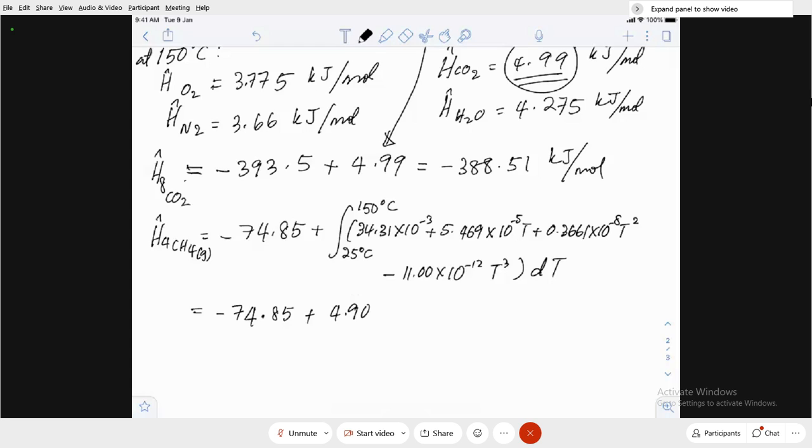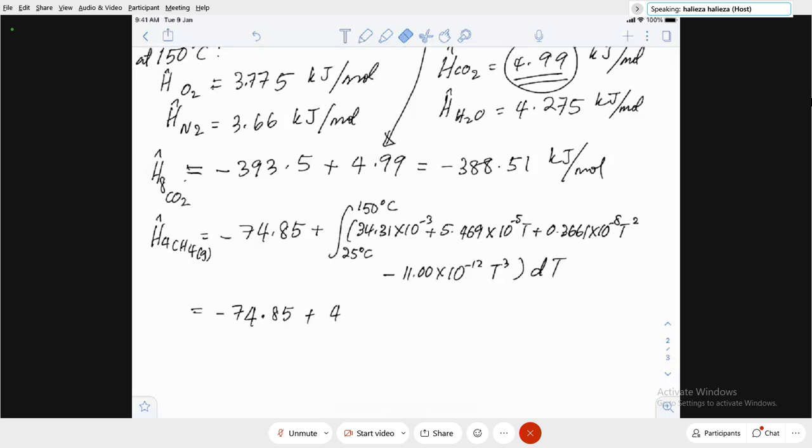Is it 4.90? Somebody? 34.31 minus 3. Hold on. Forgot the integration. How are you guys doing the integration? I'm not waiting for somebody to get the answer. I got 4.889. Okay, thank you. So it's 4.889.